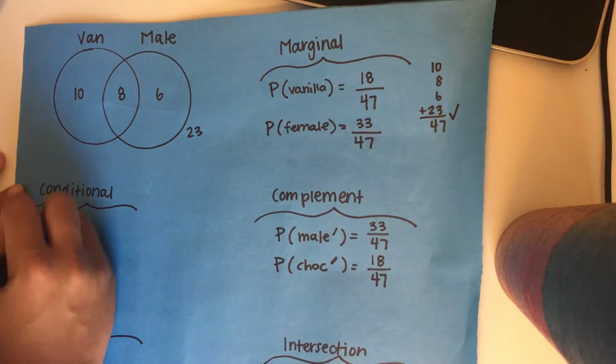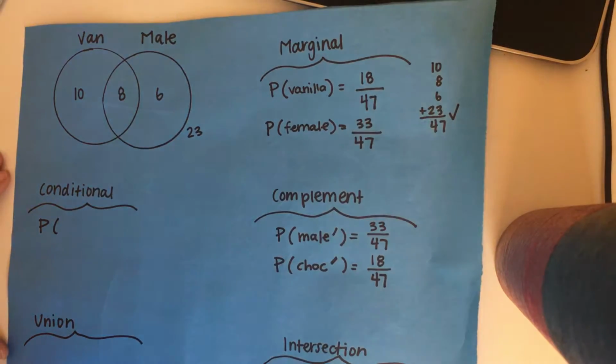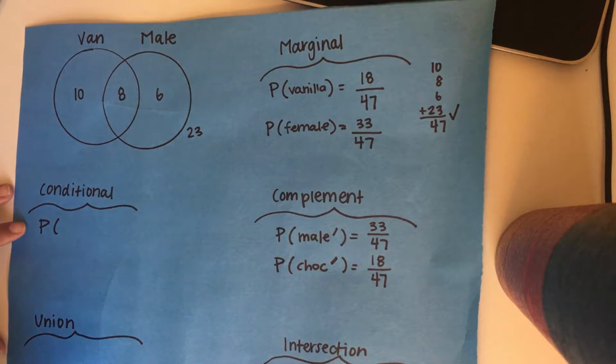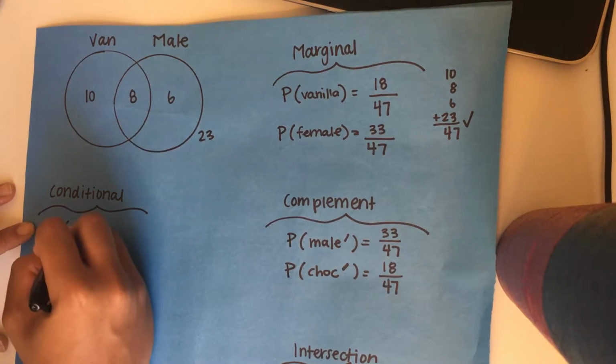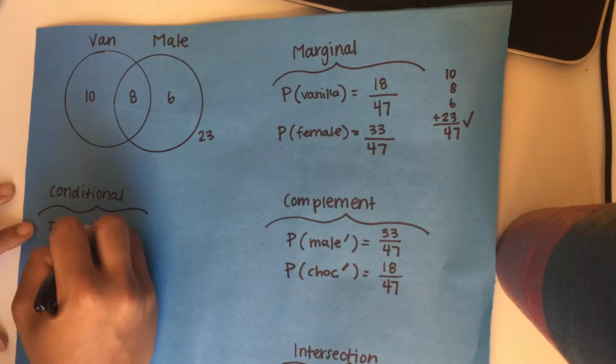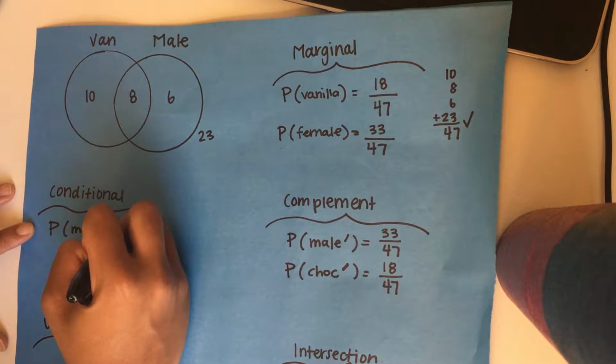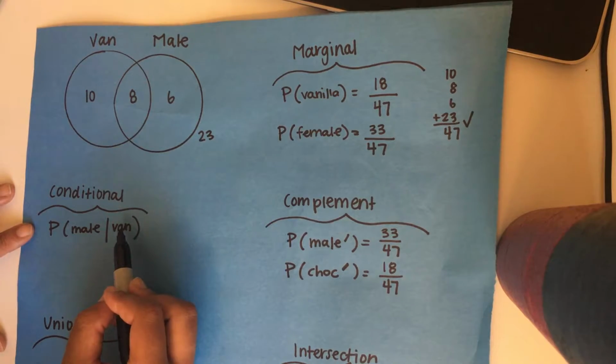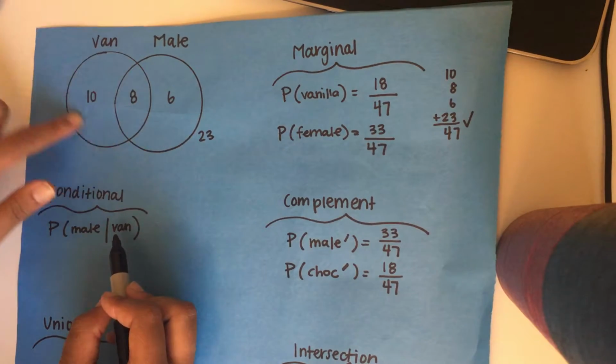An example of a conditional. Now, we haven't talked a lot about pulling conditional statements out of Venn diagrams, but here we go. If we wanted to talk about the probability that someone was male, given they like vanilla, remember, this second event is our sample space, so we're looking out of all the people who like vanilla.